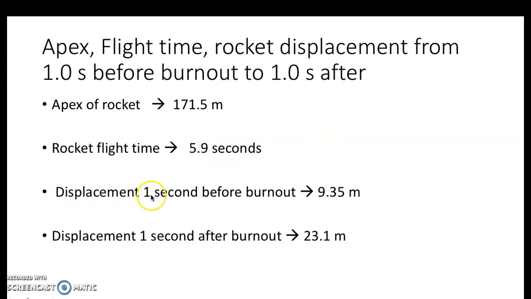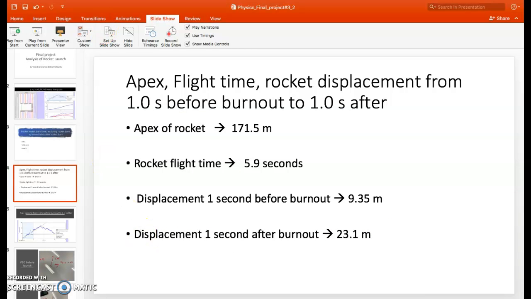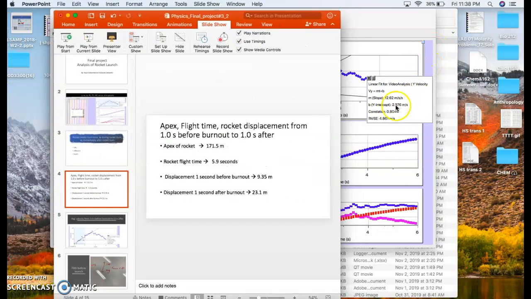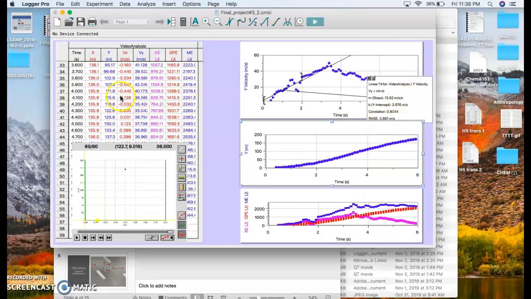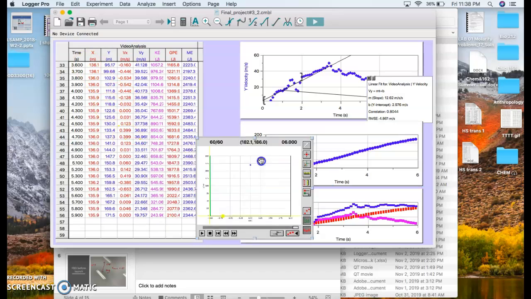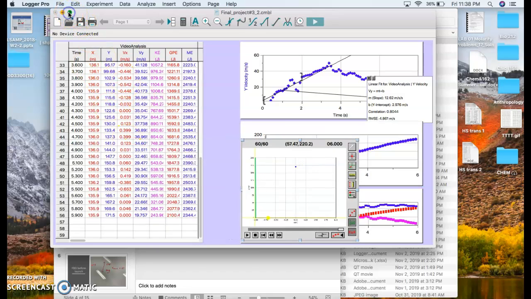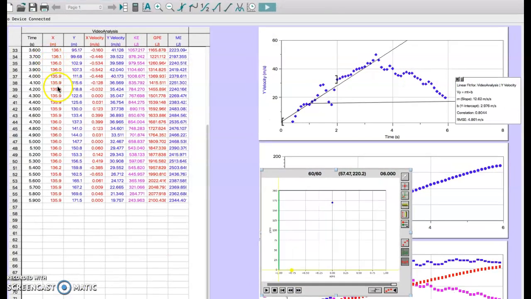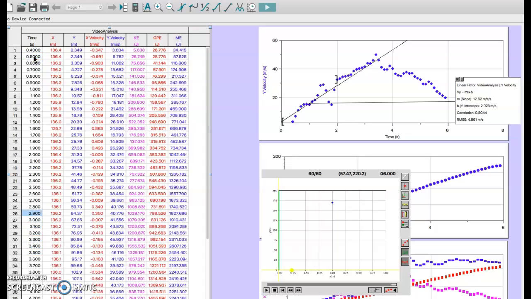For the displacement 1 second before burnout and displacement 1 second after burnout, what we did was we looked at our Logger Pro numbers here, and that will show us. So here, 1 second before would give us 9.348 meters.